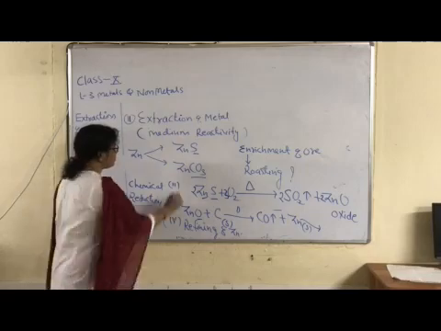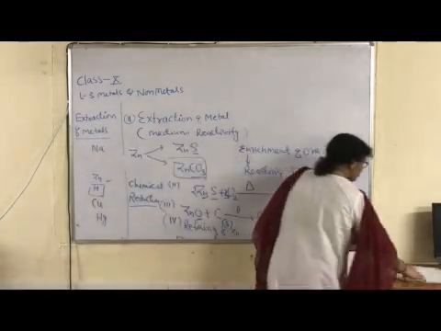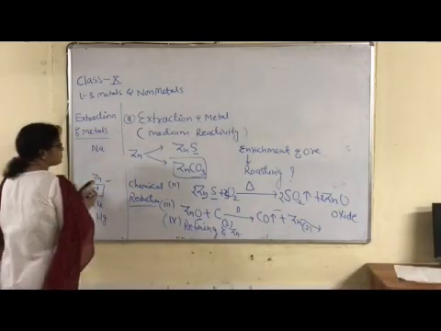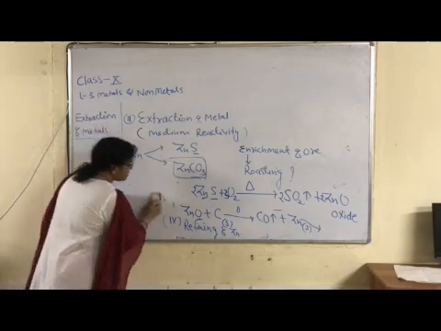Okay children. If carbonate ore is taken for extraction of metal, what is the second possible step? The second possible step is calcination.